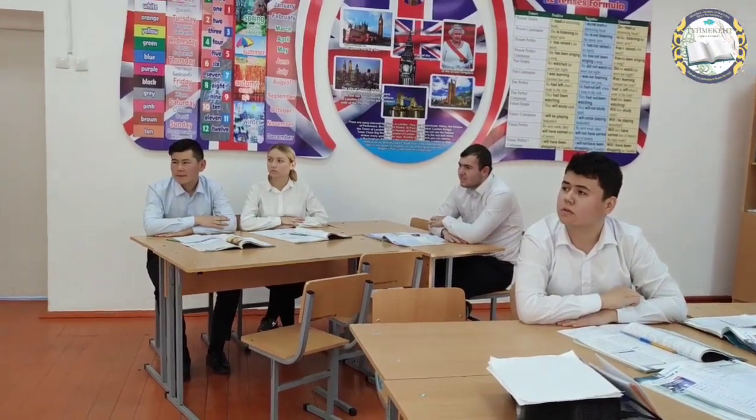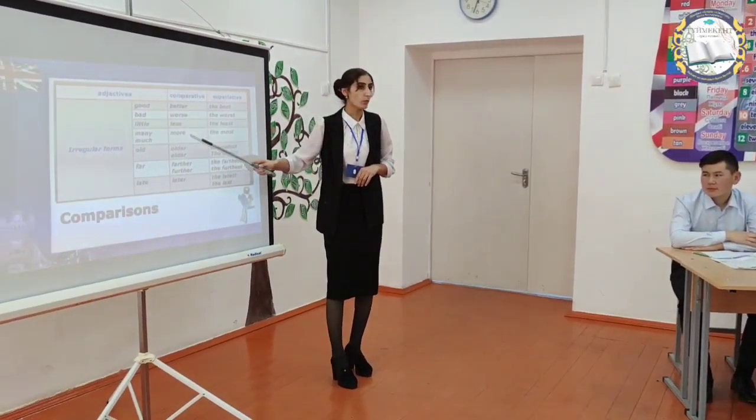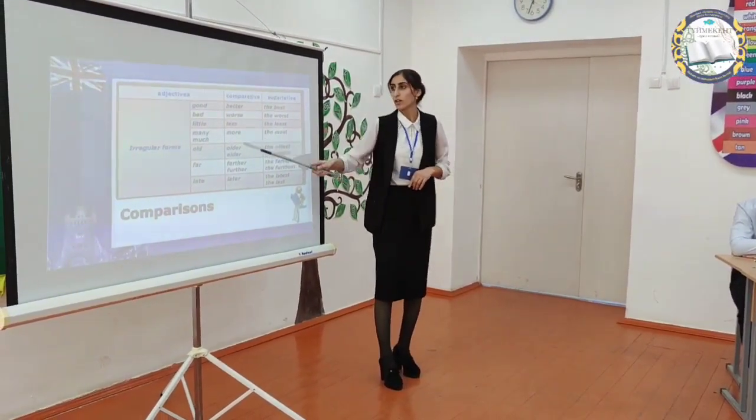Also, we have irregular adjectives. They are good, in comparative will be better, in superlative will be the best. Bad, worse, the worst. Little, less, the least. Many and much will be more and the most.